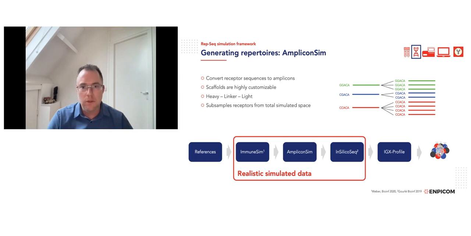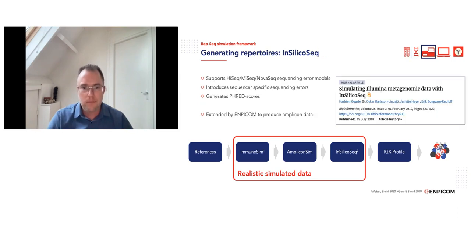So this simulated amplicon data is then turned into actual FastQ files by feeding it into a tool called InSilicoSeq. This is a well-known simulator for, for instance, HiSeq, MiSeq, and also NovaSeq data. So essentially, you put in a sequence, it simulates the type of sequencing errors that one might expect for these machines. It generates the quality scores associated with those.